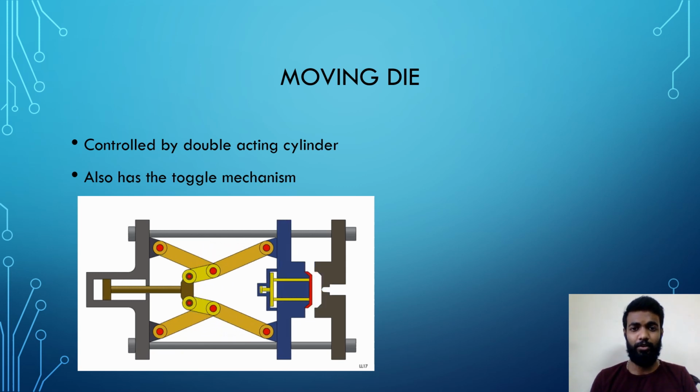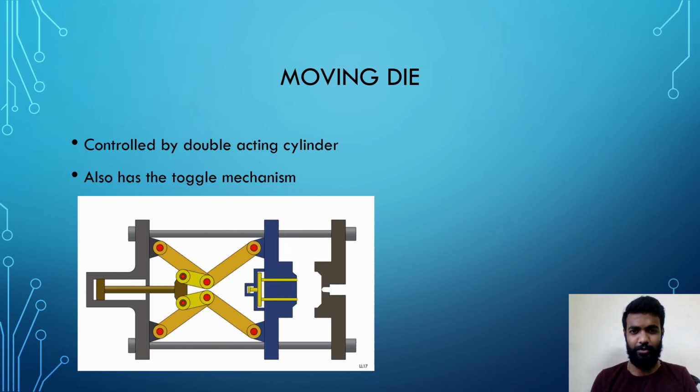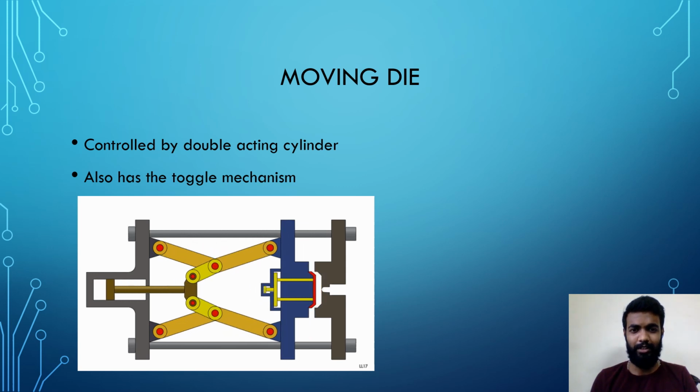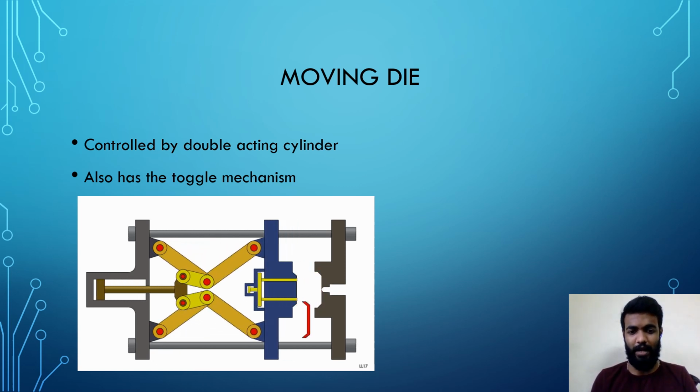The moving die is also composed of an ejector pin setup and a toggle mechanism which is used for locking purpose, and the ejector pin setup is pneumatic driven and is mostly automatic, and in rare cases it is manually actuated by using foot pedals. It is used to eject the casted component out of the die cavity.